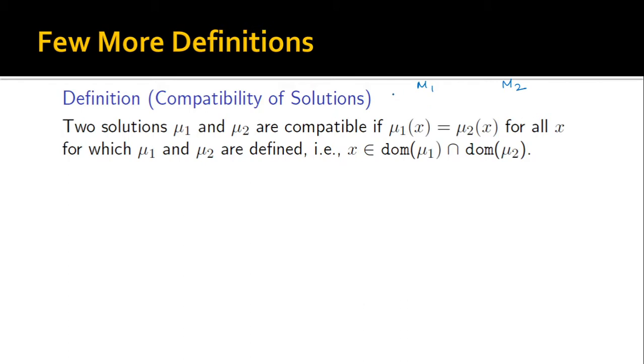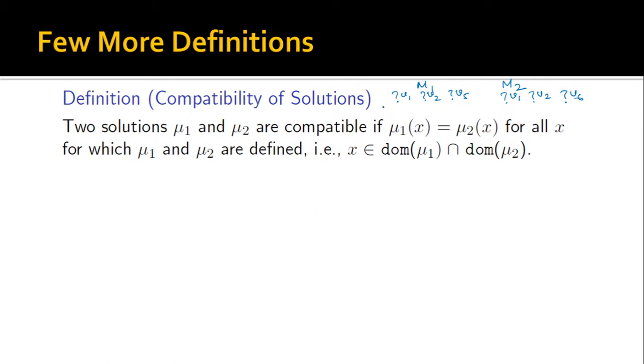And let's say you have V1 and V2, then you have say V5 as your variables. So these are the domain of your solution in M1, right? And in M2, you have V1, V2, then you have say V6, right?